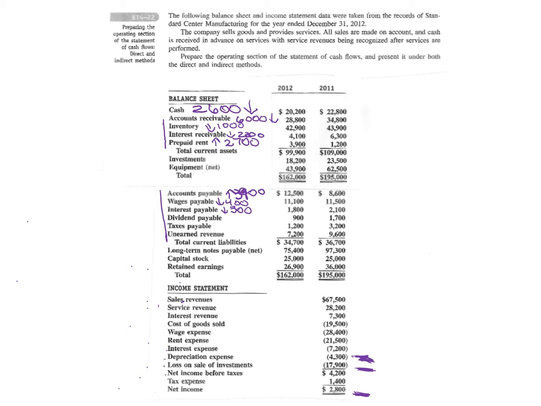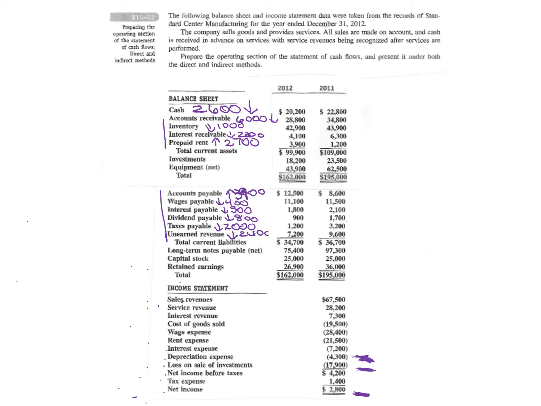Dividends payable went down 800. Taxes payable went down 2,000. Unearned revenue went down $2,400.